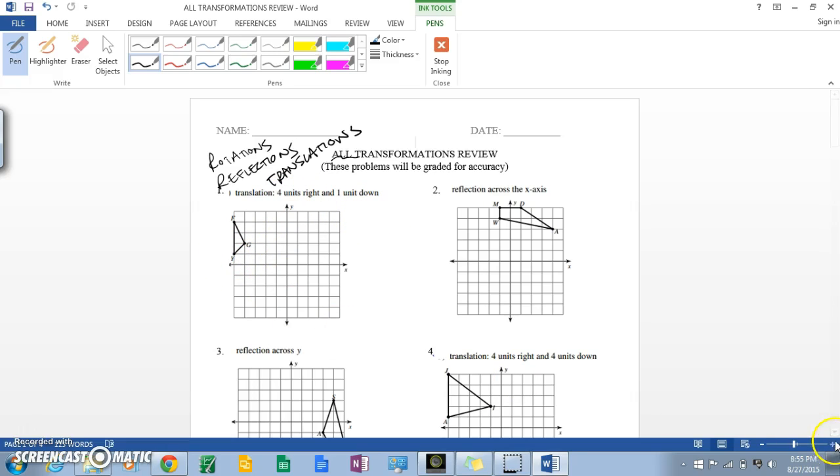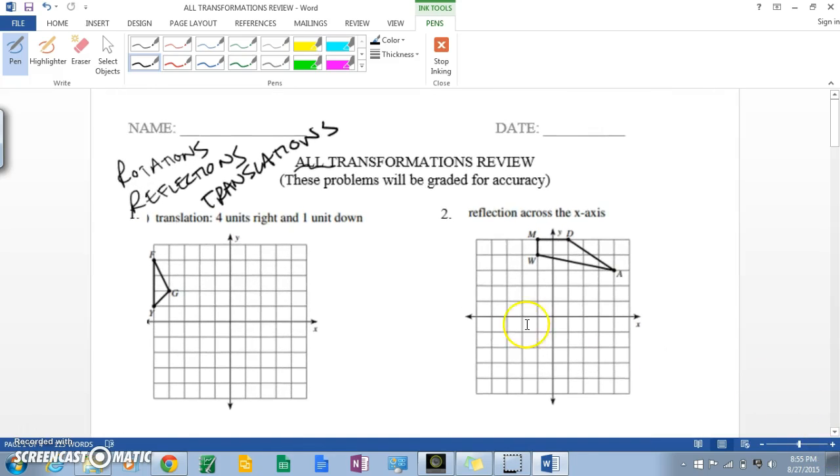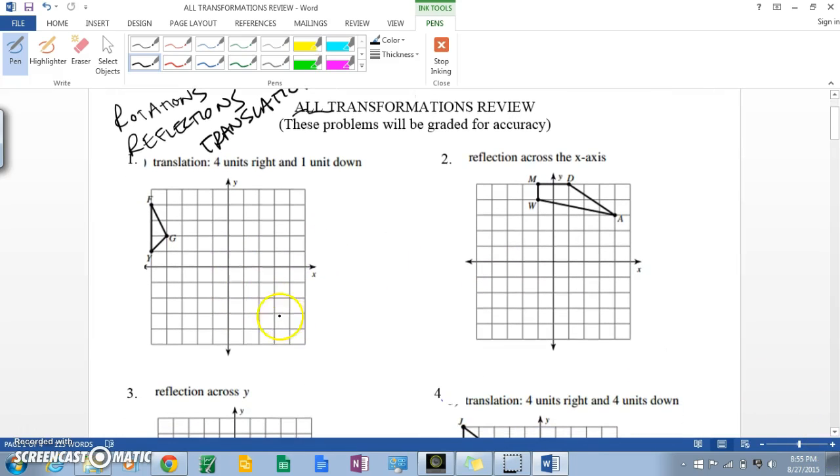Every single point needs to move 4 units to the right and 1 unit down, and you have to label them appropriately. I'm going to do this in different colors so you can see this. Y is to move 4 units to the right, 1, 2, 3, 4, and 1 unit down. I'm going to label that Y prime.